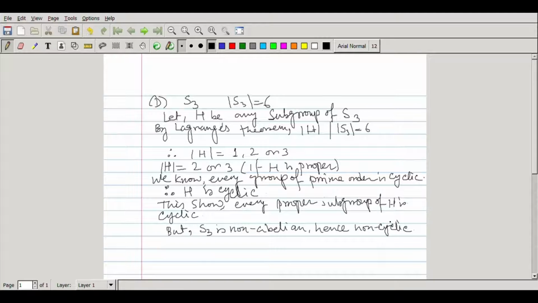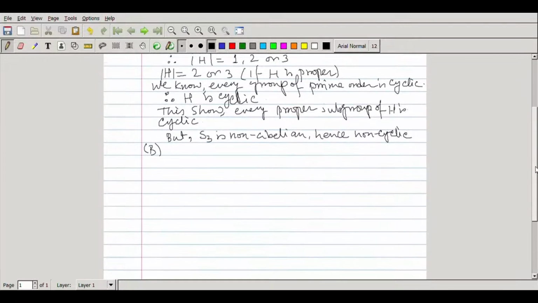So this is basically the contrapositive of the statement that every cyclic group is abelian. So this shows that option D is false. Okay, so the only option we are left with is option B, and this is the correct option.